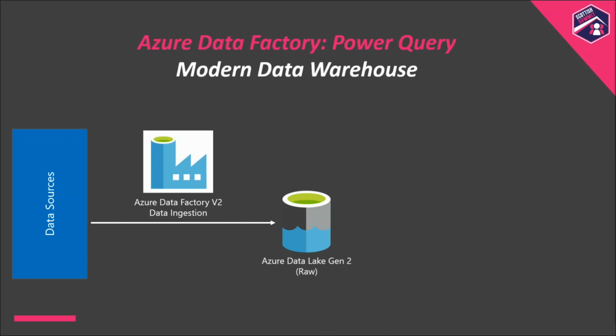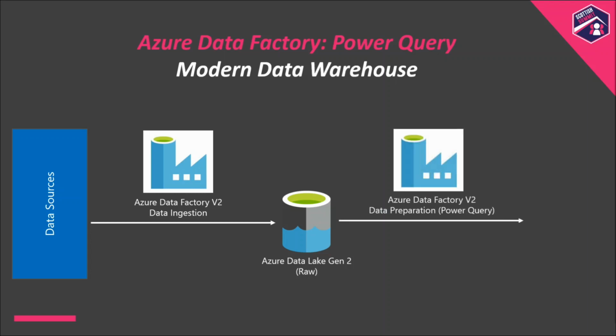Afterwards, the data ingested into the raw area is taken in as a source by Power Query for data preparation, and the prepared data is loaded into another area in the Azure Data Lake Gen 2 called the stage area.